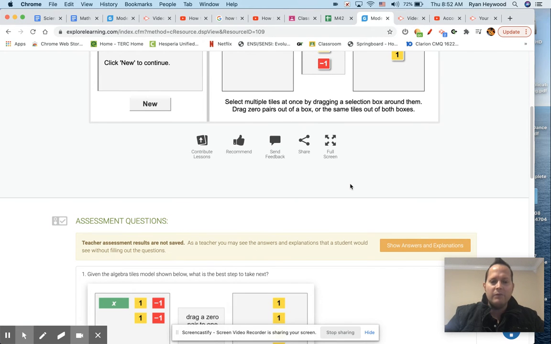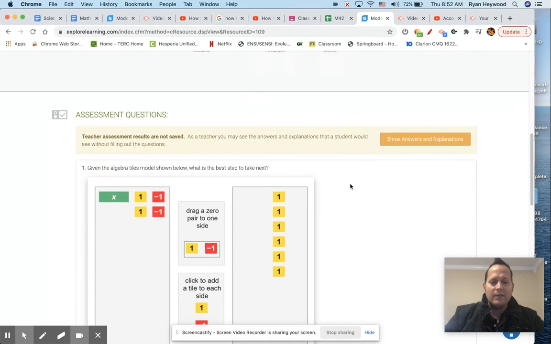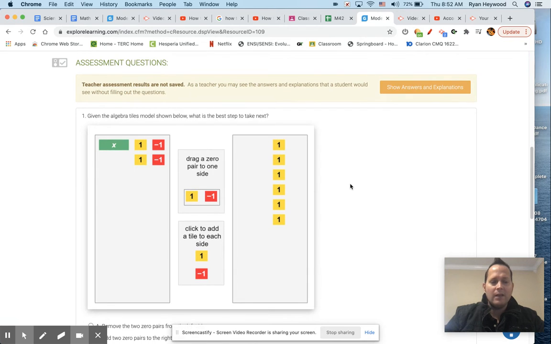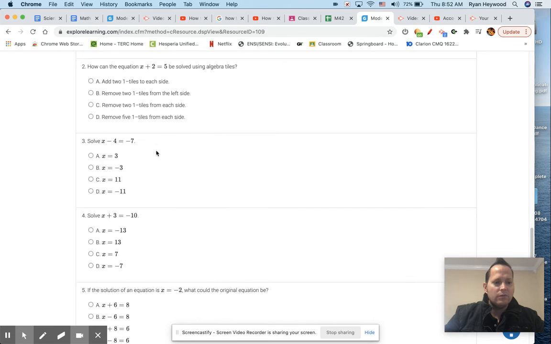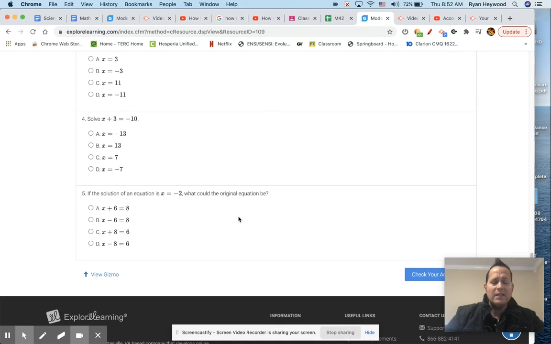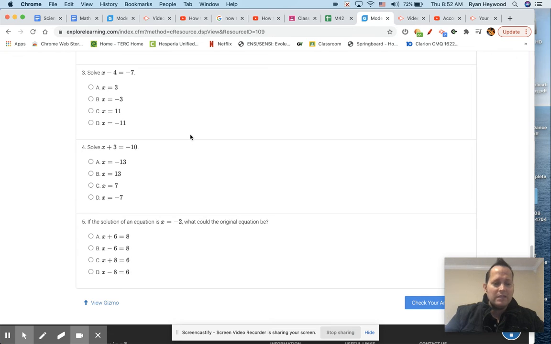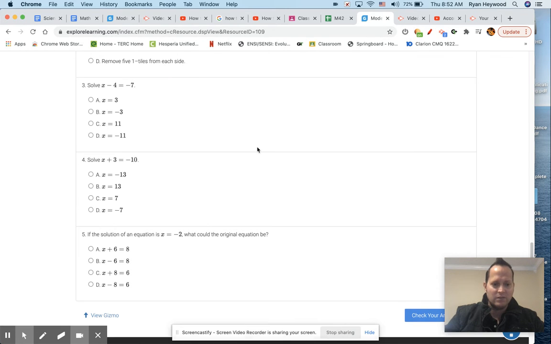It's really going to help you figure out one-step equations. And when you feel like you're ready, come down to the assessment questions and start doing these. So you have 1, 2, 3, 4, 5 questions. It's really important that you do these correctly, because this is what you are graded on for this assignment, just these 5 questions, okay?